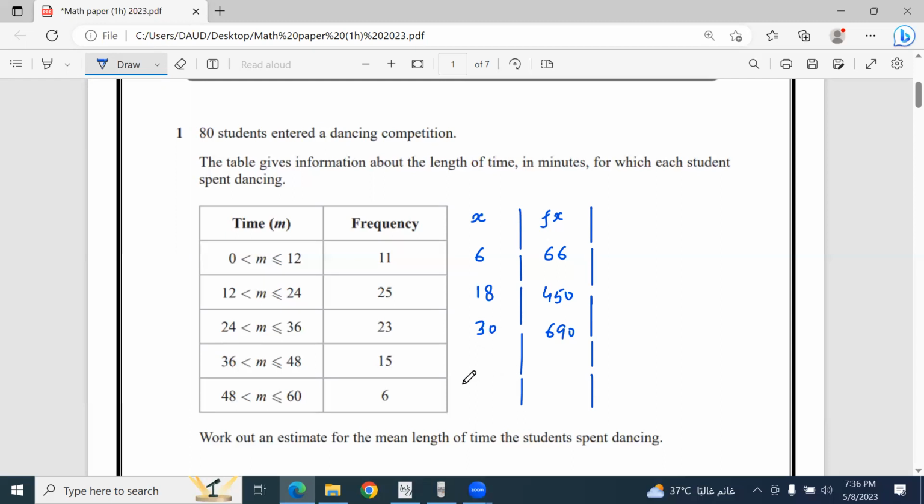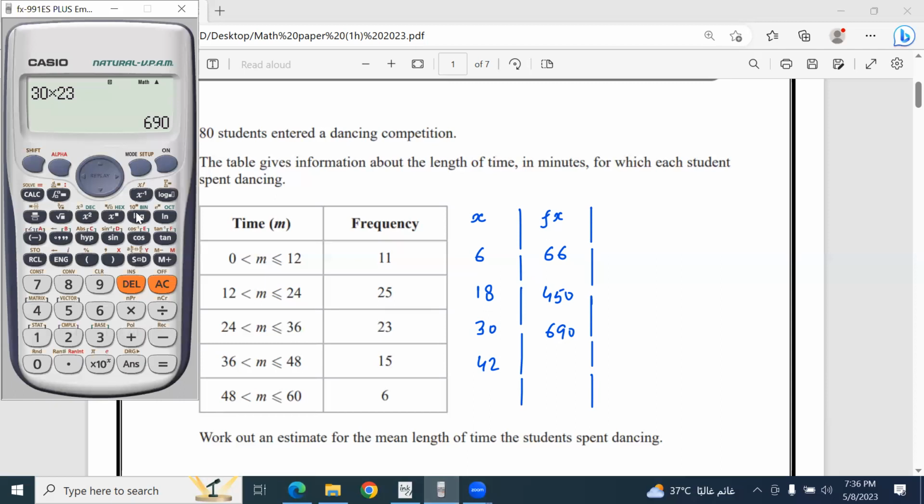And next, the middle value of the class width 36 to 48 is 42, and then 42 multiplied by 15 gives us 630.